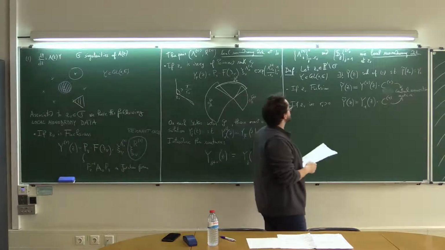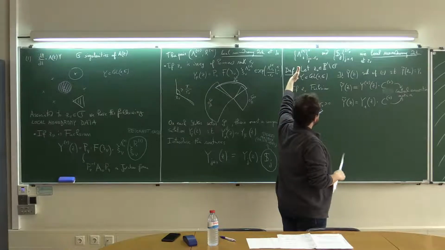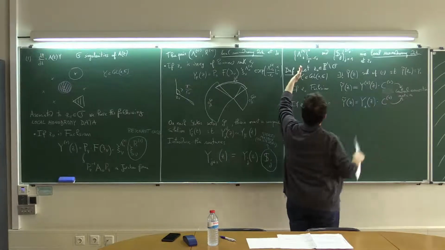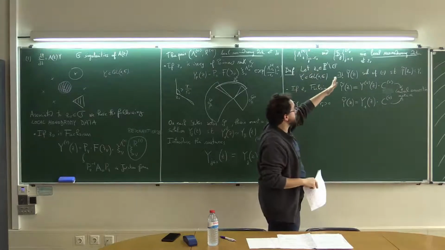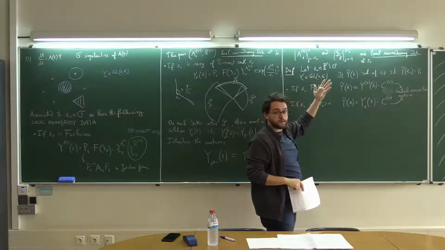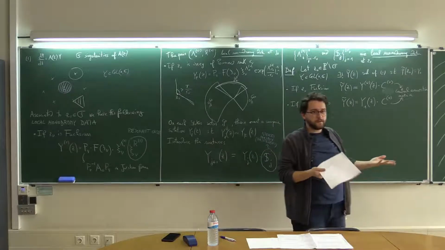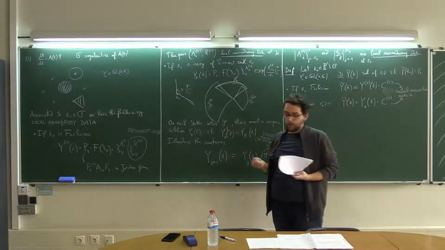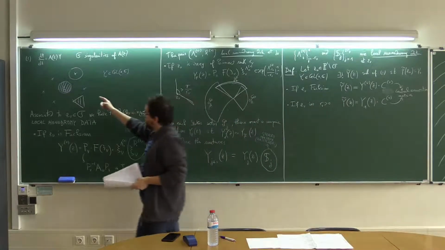Of course, as you understand, these matrices are defined only up to choices of a regular point and of an invertible matrix. Actually, I can also do something else. I could, for example, not consider a regular point.